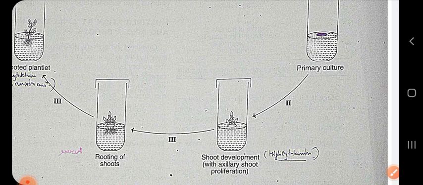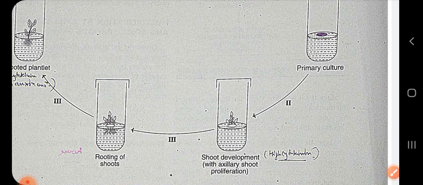Axillary shoots, or the helper shoots, grow. So multiple shoot development occurs, and for this we have to change the composition of the culture medium a bit. We have to add high levels of cytokinin to enhance the shoot proliferation. As we have studied before, high cytokinin and less auxin is desirable for shoot proliferation.